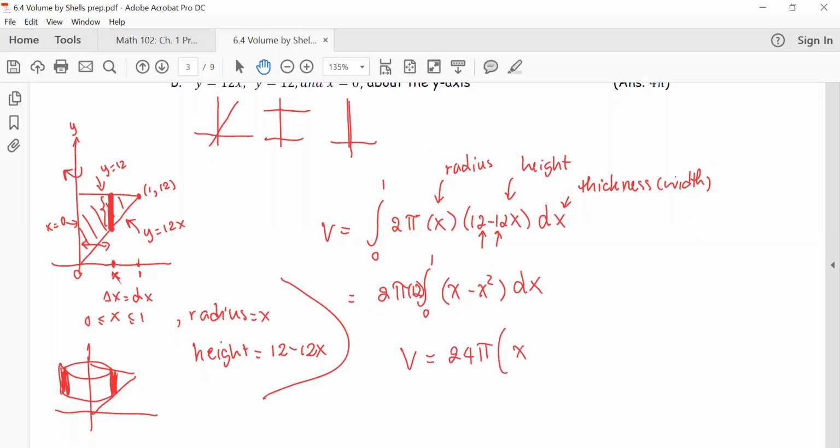Antiderivative of x is x squared over 2. Antiderivative of x to the second is x to the third over 3. Evaluate from 0 to 1. Use the upper limit. We have 1 over 2 minus 1 over 3 minus 0 from the lower limit. And then the answer will be 4 pi.